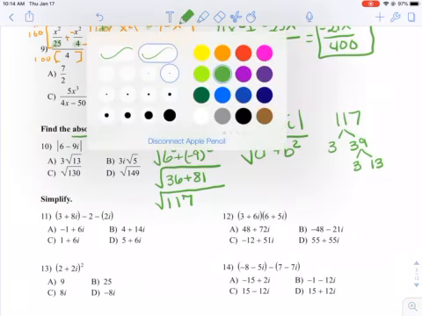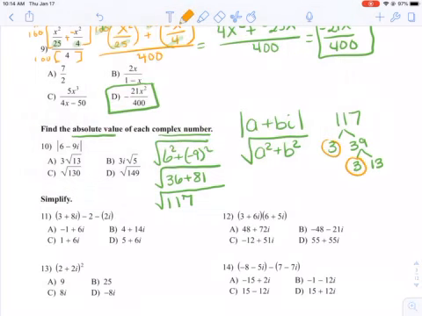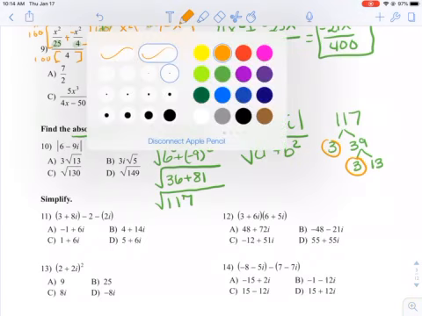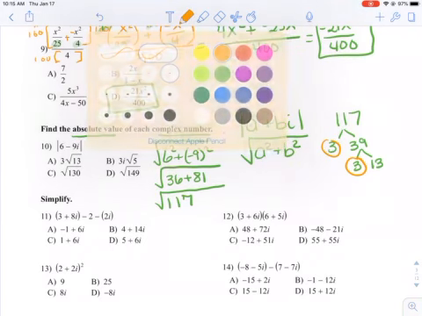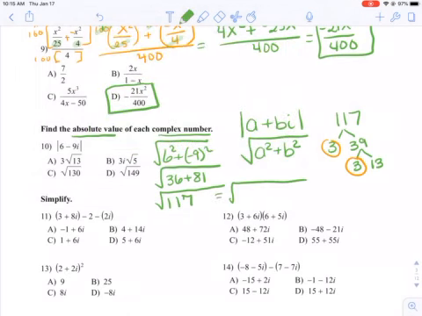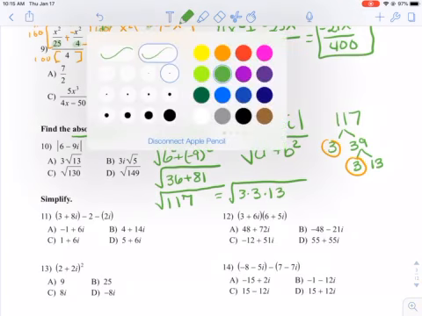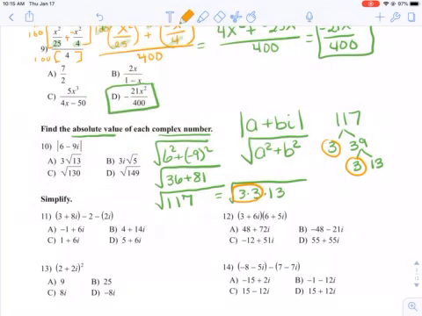So you can see that a 3 will come out. So this is actually 3 times 3 times 13. So 3's come out: 3 square root of 13.